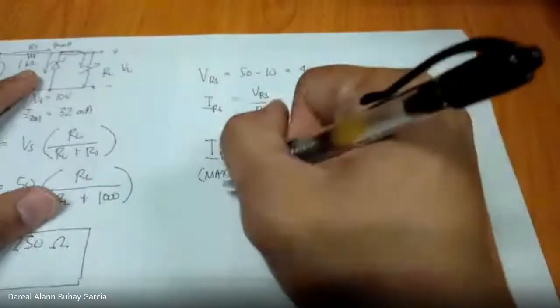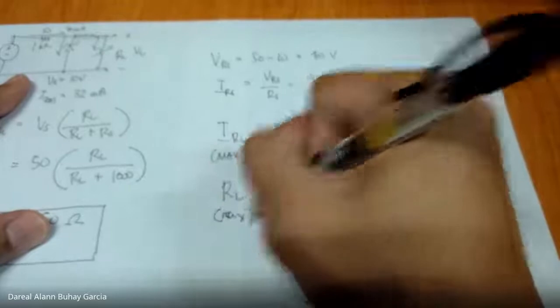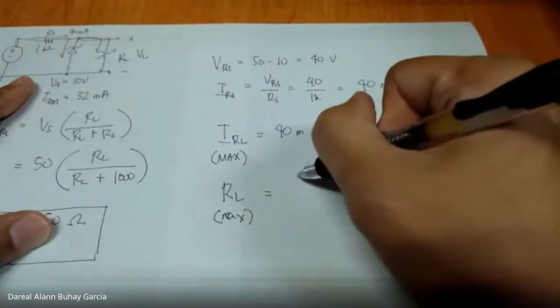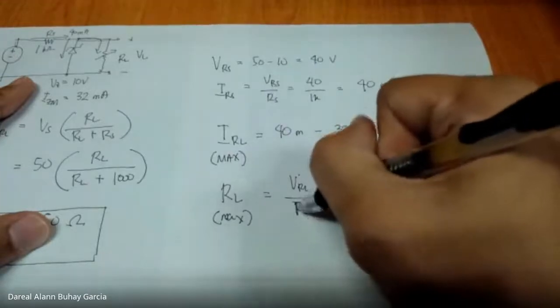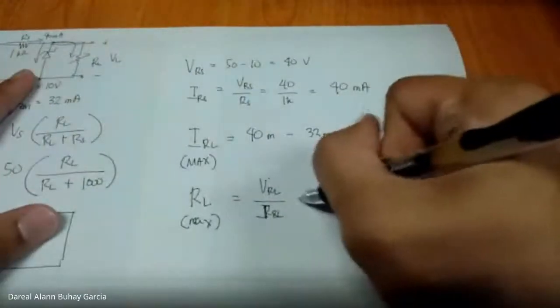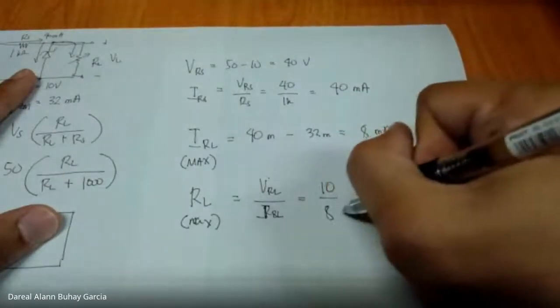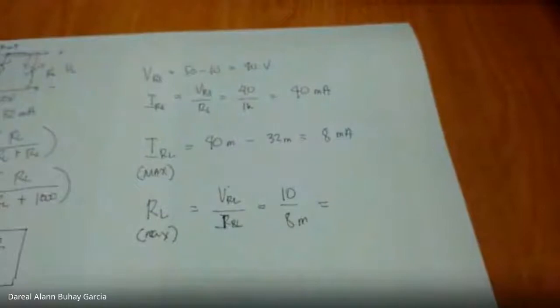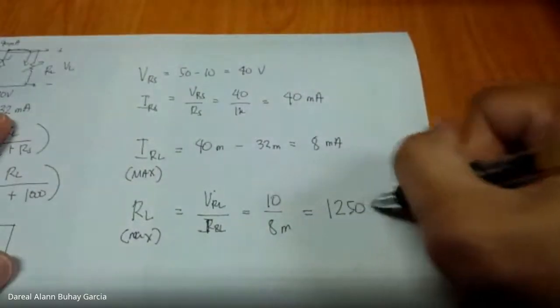So now solve for RL max. Based on this 8 milliamperes, with 10 volts VRL fixed over IRL max: 10 volts over 8 milliamperes is equal to 1,250 ohms.